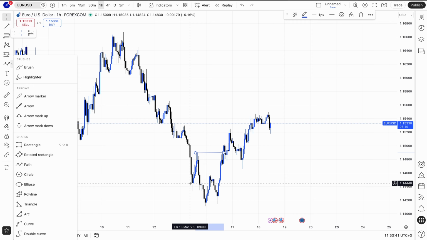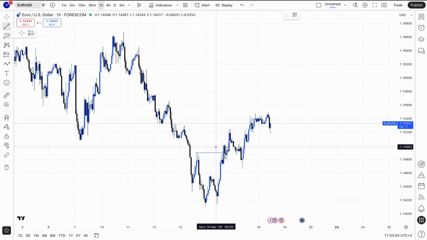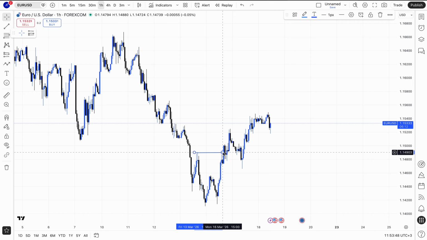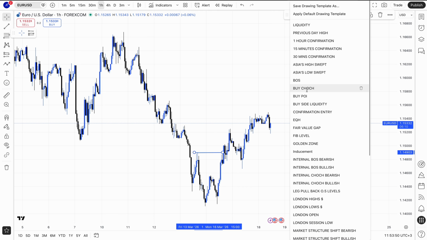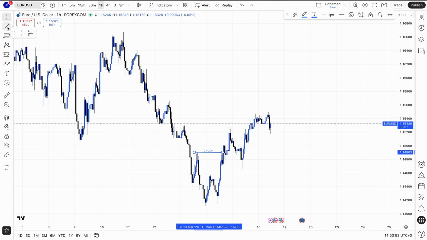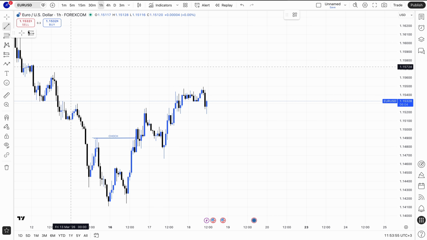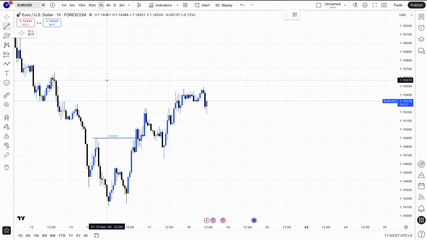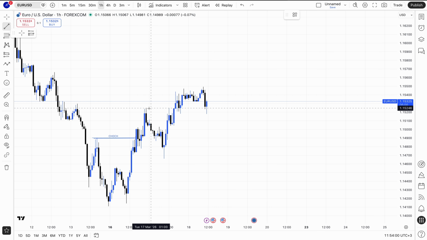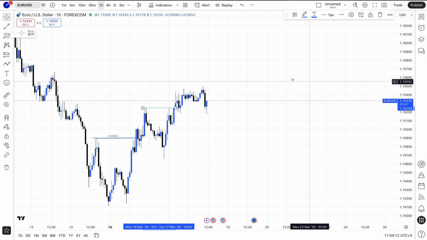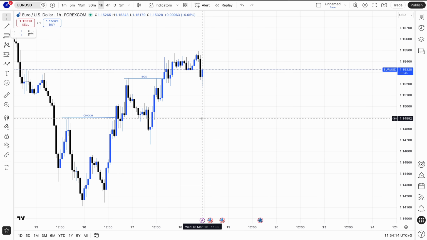Because you can see here our last change of character. Then you have our change of character to the upside from here. Then today morning, we had a continuation breakout structure to the upside. As you can see it here. Breakout structure to the upside, right?